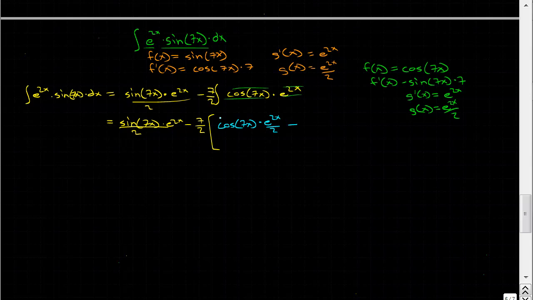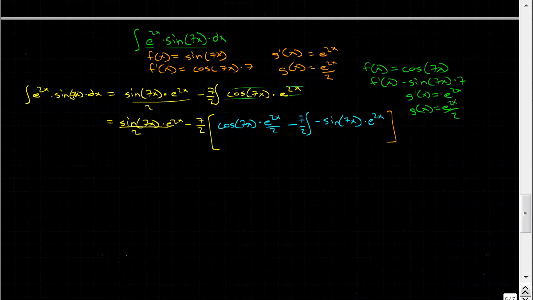Subtract that by the integral of negative sine 7x times 7 times e to the 2x over 2, and this is all enclosed within these brackets. Just as we did with the previous equation, we have two constants, so we'll factor out negative 7 over 2 times e to the 2x.